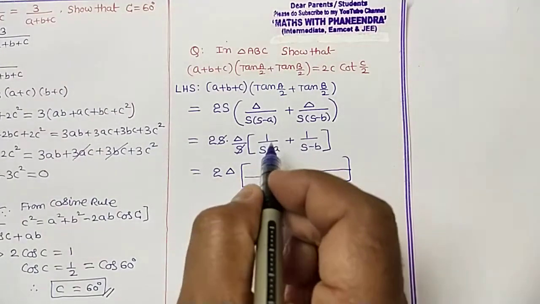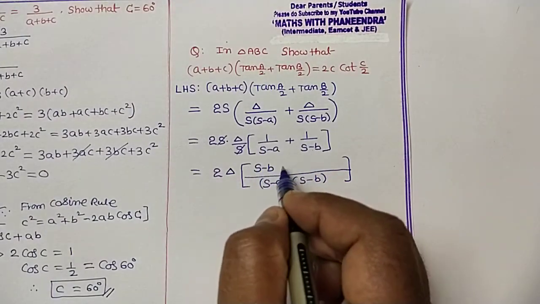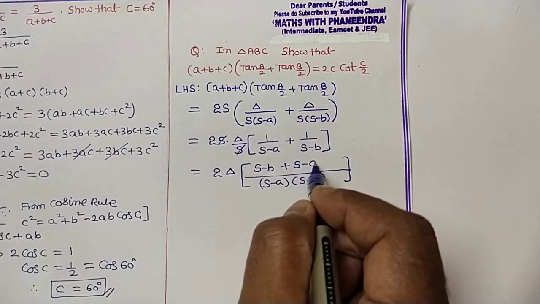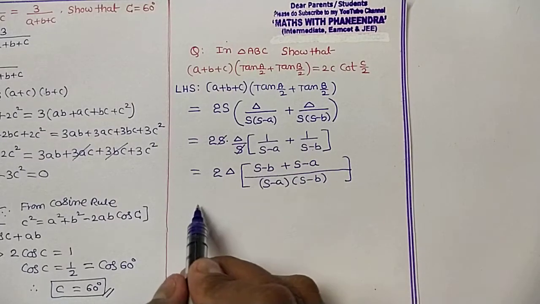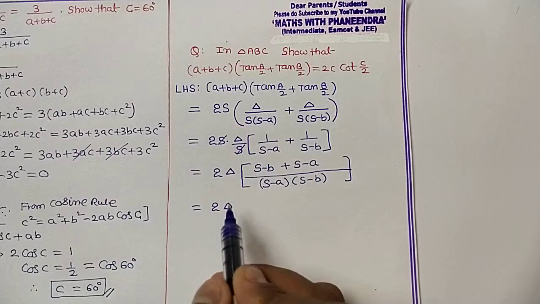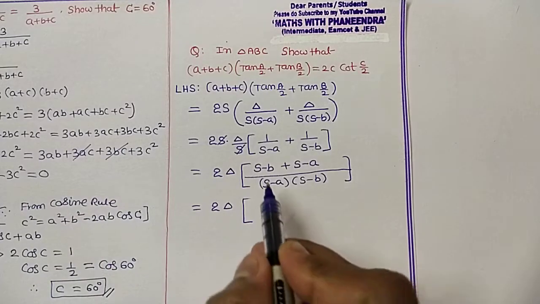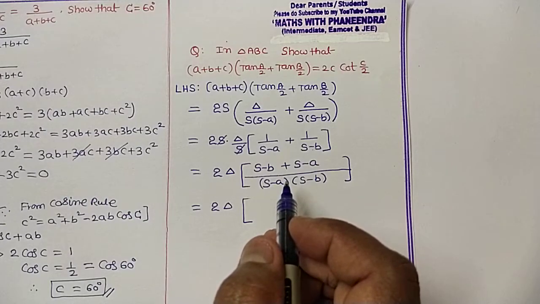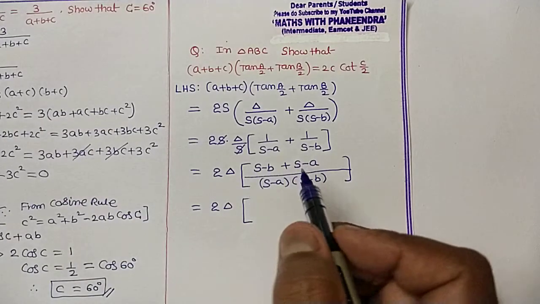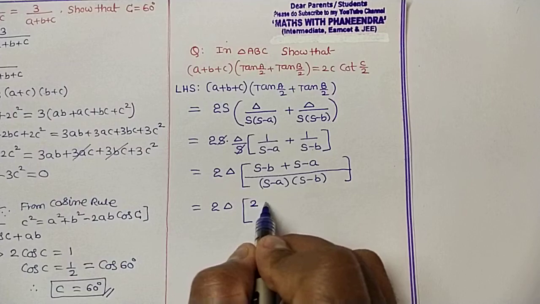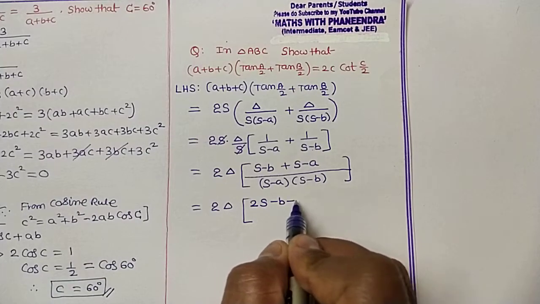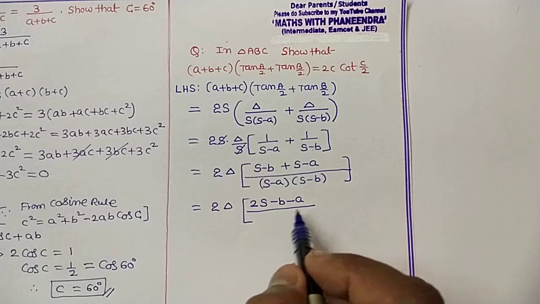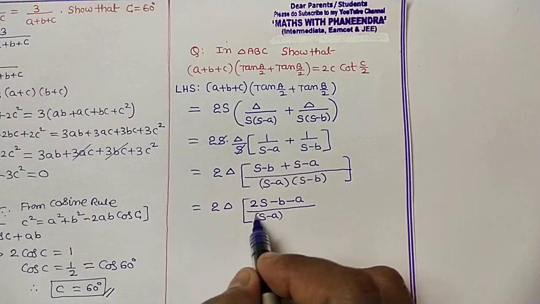So s minus b into 1 plus s minus a into 1. So 2 into delta, s plus s is 2s. Here s plus s is 2s, minus b minus a, divided by s minus a into s minus b.